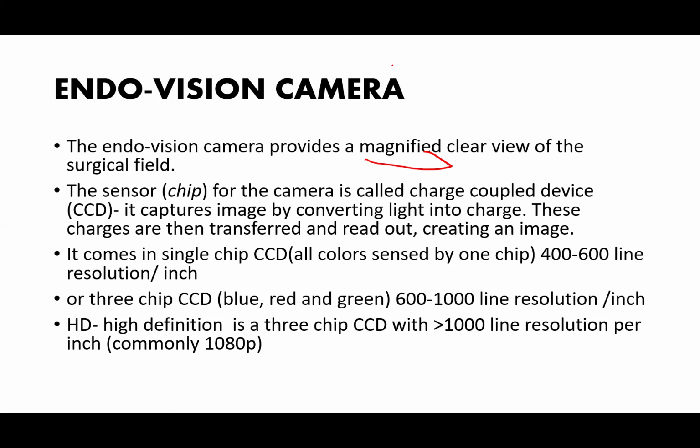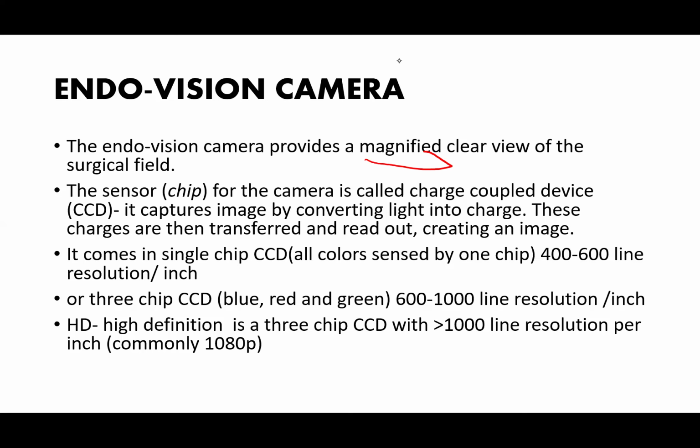Now, if the resolution is beyond 1000, it becomes an HD camera. High definition is a 3-chip with a resolution of more than 1000 lines of resolution per inch. And the common one you see is 1080 pixels.